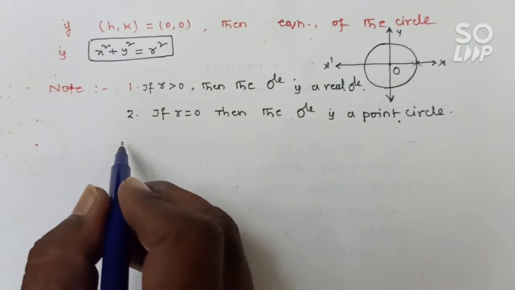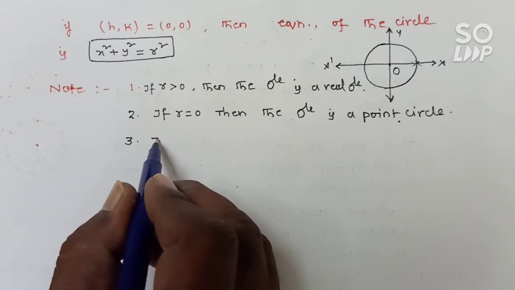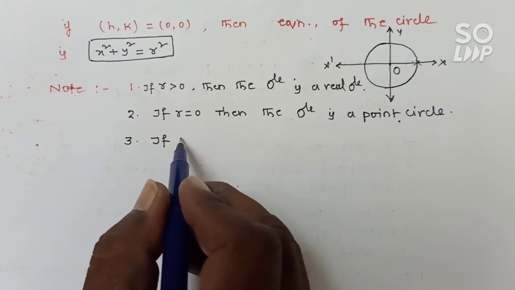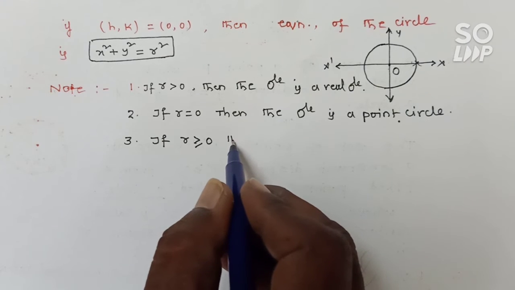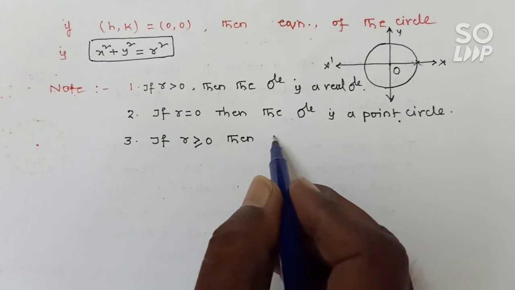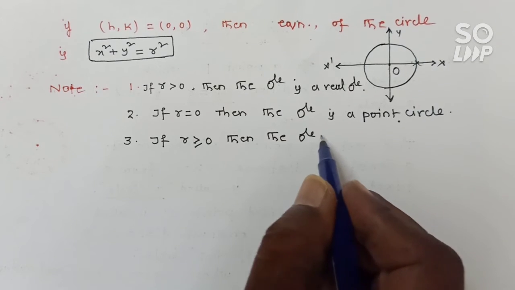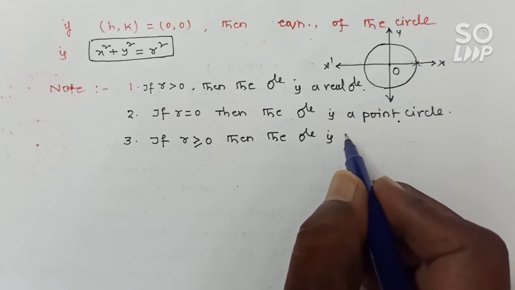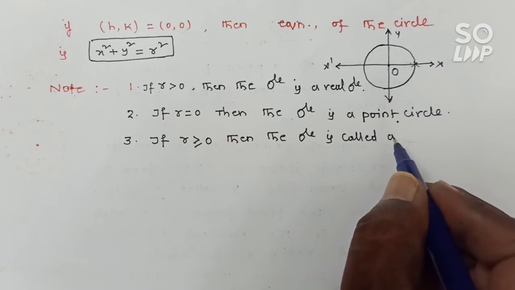Okay, so here I am writing the third one. If r is greater than or equal to 0, then the circle is called a real circle.